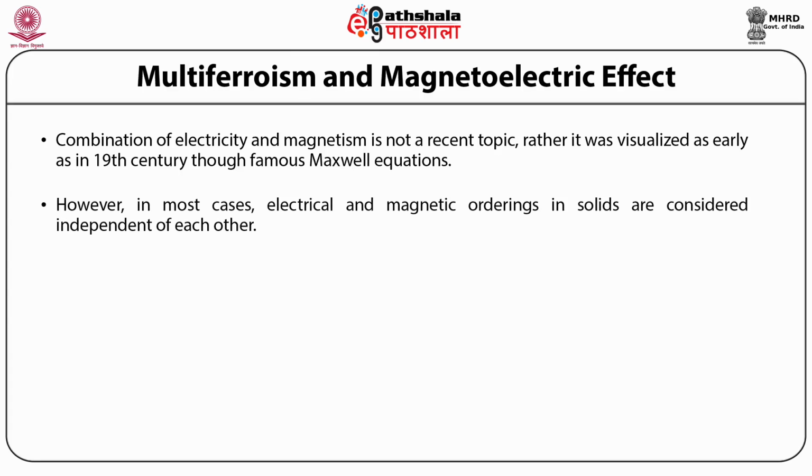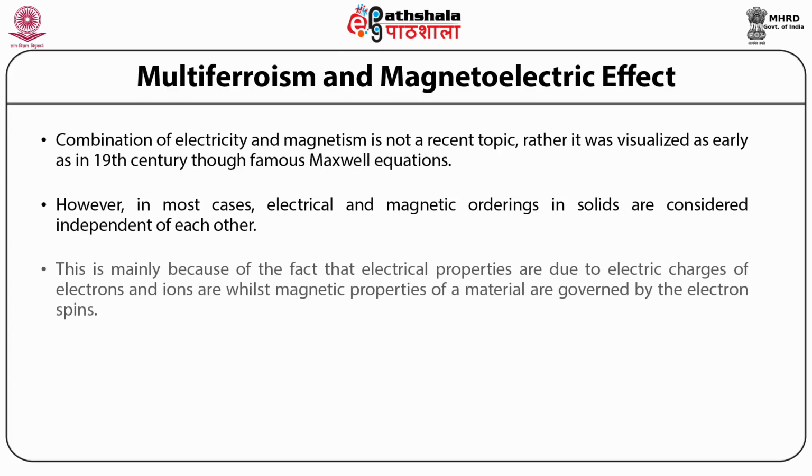However, in most cases, electrical and magnetic ordering in solids are considered to be independent of each other. This is mainly because electrical properties are due to the electric charges of electrons and ions, whilst magnetic properties of a material are governed by the electron spins.